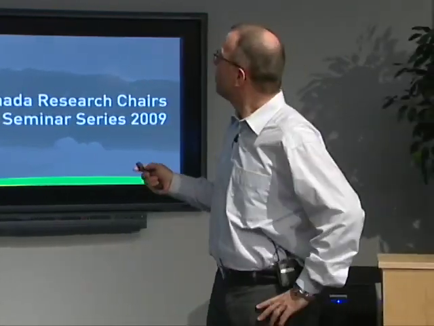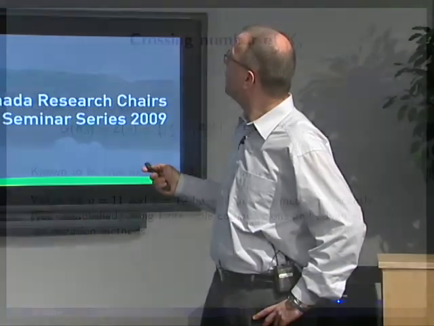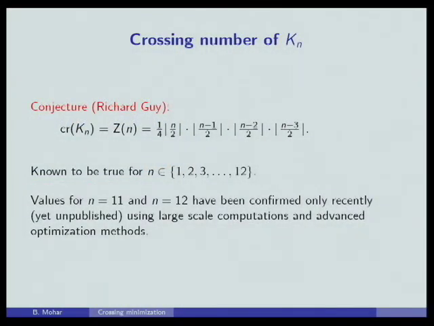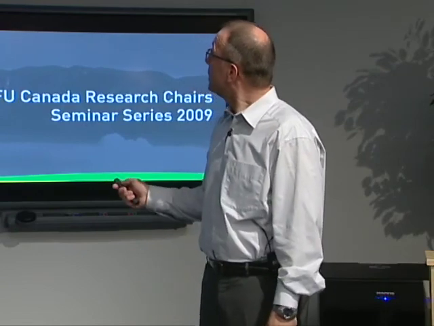So for small graphs today, it is known. If you have 2 vertices, 3 vertices, that's easy. But it is known for all up to 12 vertices. And I would like to mention that the result for K12 and K11 is very recent. It hasn't even been published yet. It's a recent paper submitted for publication, and it uses lots of computation and some computer optimization, some new methods, semidefinite programming, and so on.